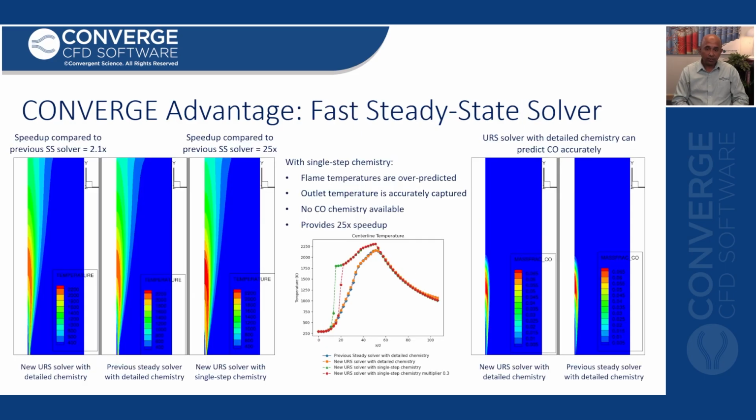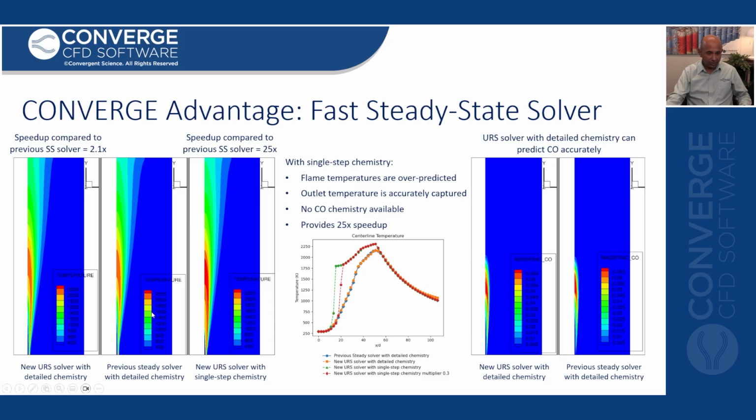Now I'm going to talk about the fast steady state solver that you have access to with Converge. We have put a lot of resources into developing a really fast steady state solver that works with combustion. This is the Flame D burner case that you're seeing. There are three columns, so pay attention to the left-hand side of the screen. In the second picture, in the middle, we used a previous steady state solver, and it used to work with detailed chemistry.